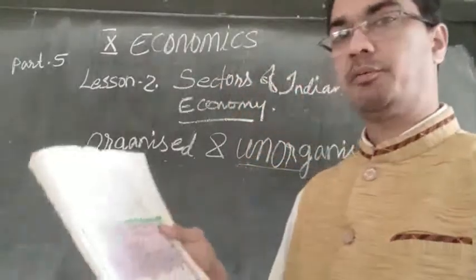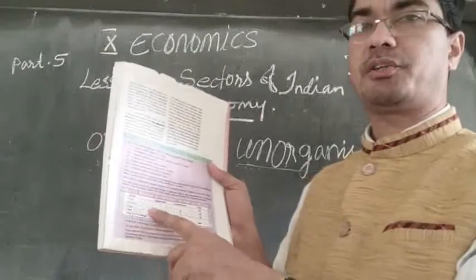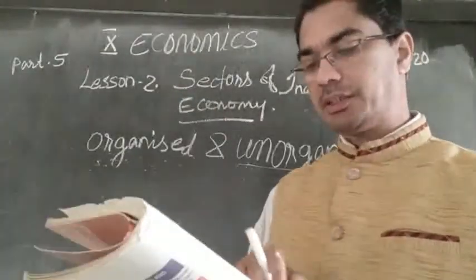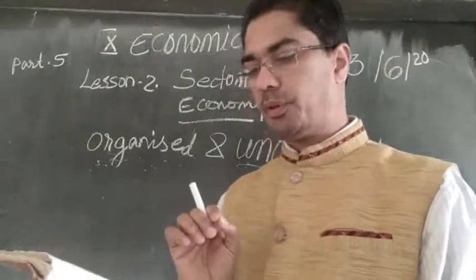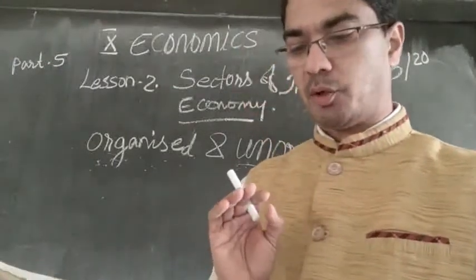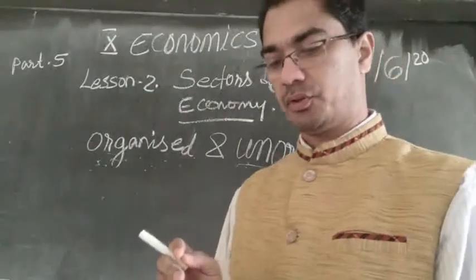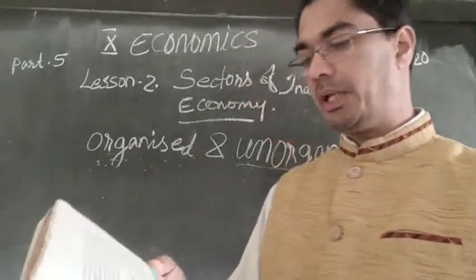And we can see a table given there, table 2.3, and it says in each sector how many people are working in the organized sector and unorganized sector. It is given in millions.